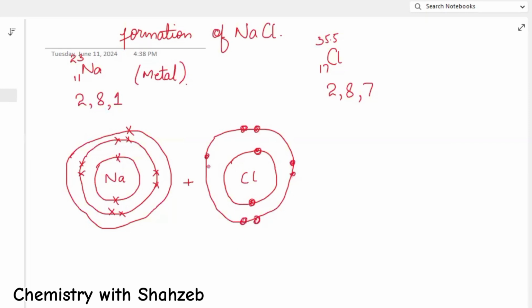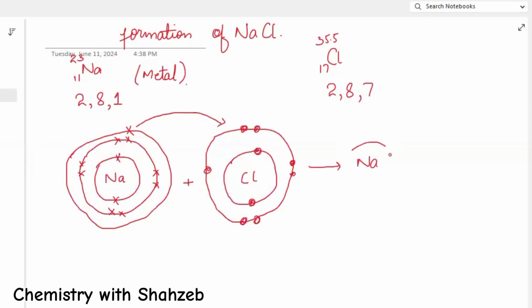Now what happens? 1 electron from sodium is basically transferred to chlorine. Oh, sorry. I have drawn its 8 electrons, but it has 7. Okay. So now 1 electron from sodium is transferred to chlorine.